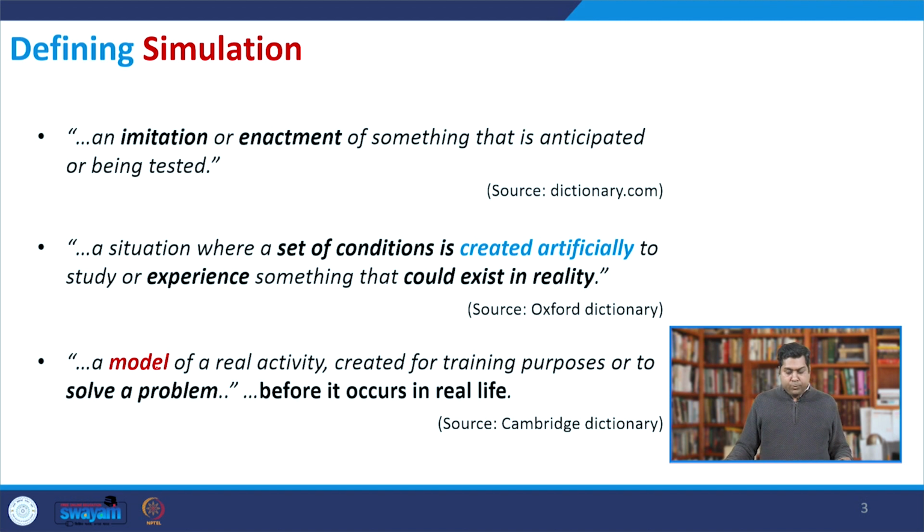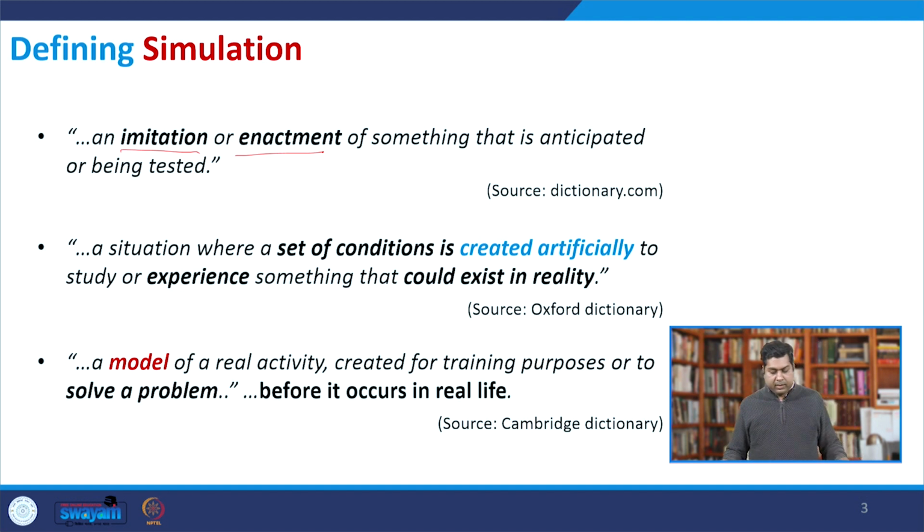Now, defining simulation. If we go with a dictionary meaning, say dictionary.com, it says simulation is an imitation or enactment of something that is anticipated or being tested.